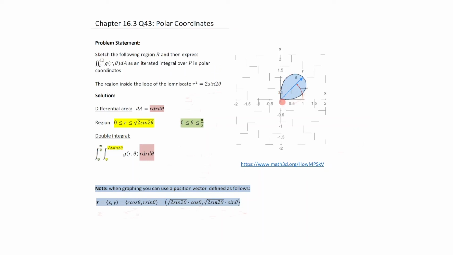So theta equals 0 is a line that's out straight, and if you plug in the values here, you'd clearly get a value of x, y equal to 0, 0, which is right at the origin. And at some angle, looks like 45 degrees, this would be sine of 90, and this would be a value of sine of 45. That gives you the x component and the y component.